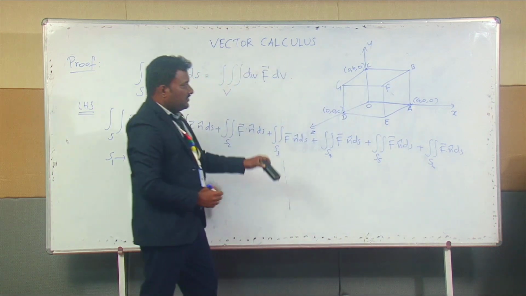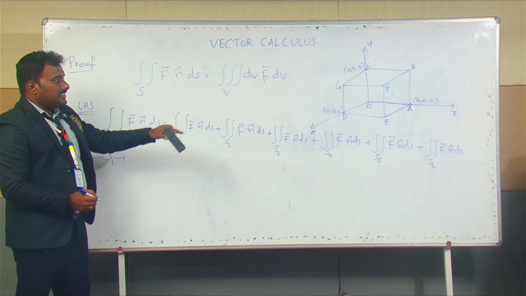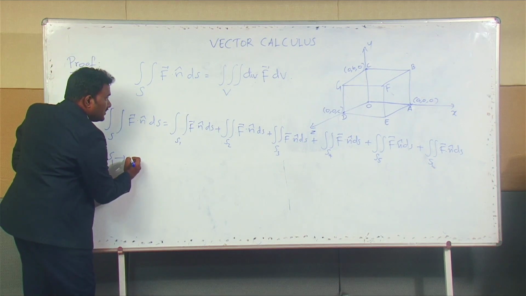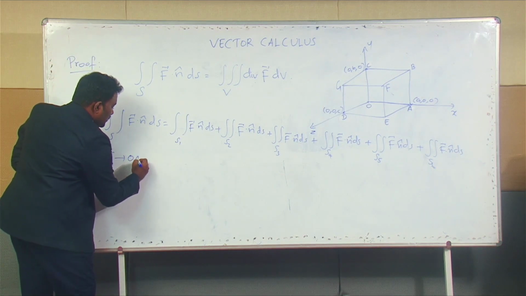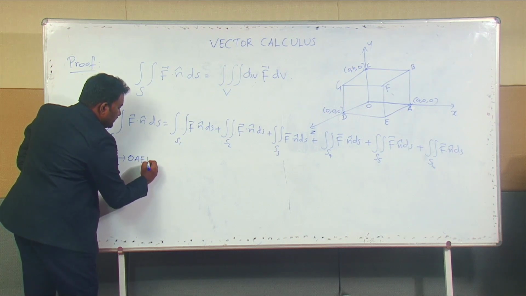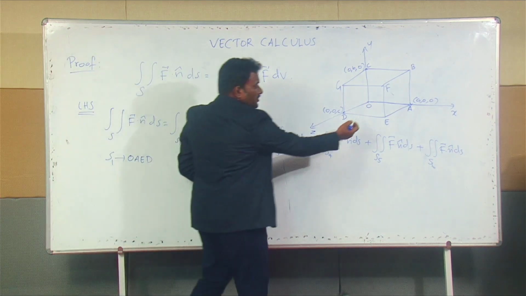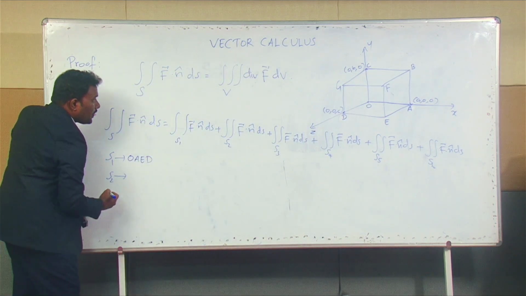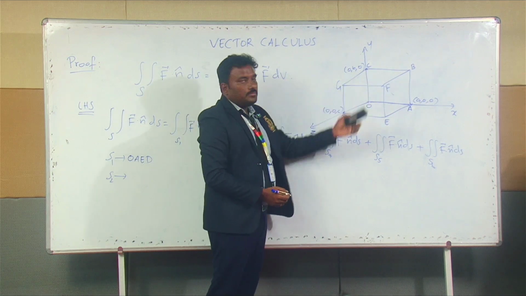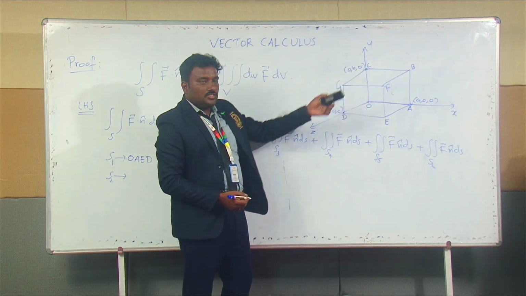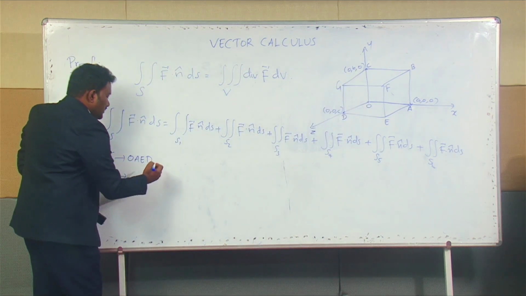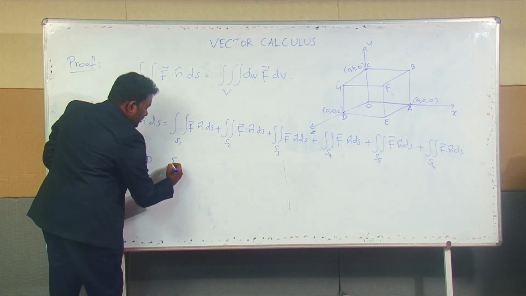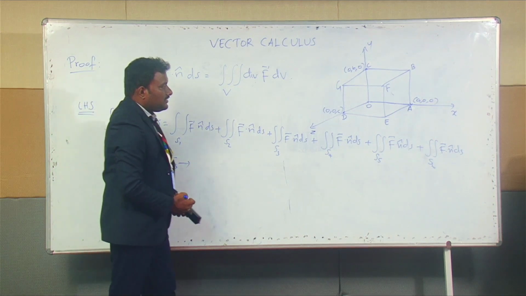for our convenience, we label the vertices as O, A, B, C and then D, E, F, G. So this S1 I am taking as the surface OAED. So this bottom surface is taken as S1, and S2 can be taken as the surface above it, parallel to it, that is BCGF. Okay, and the third surface is S3.